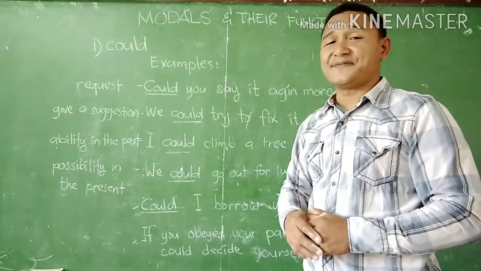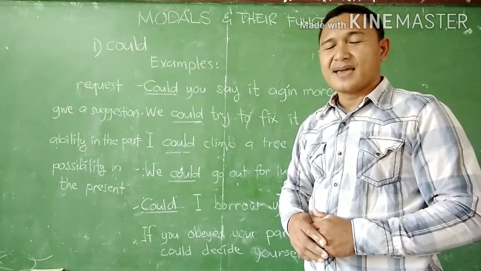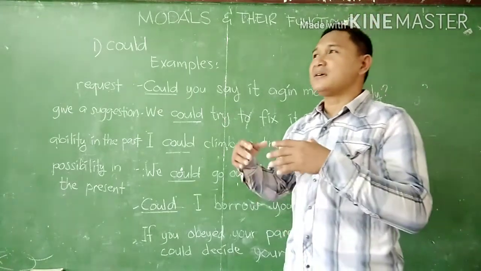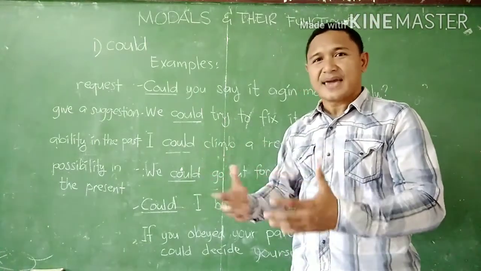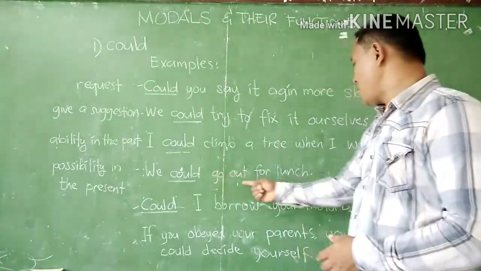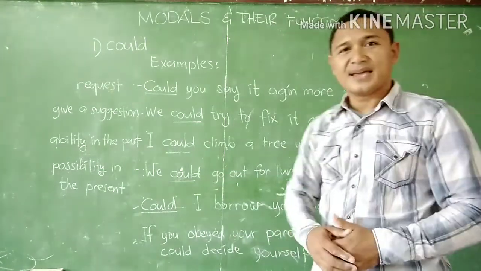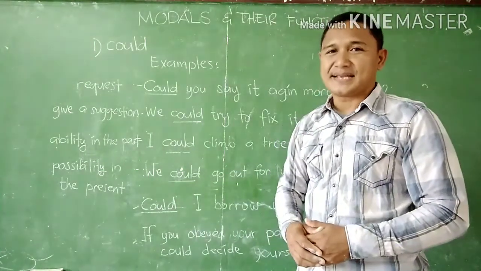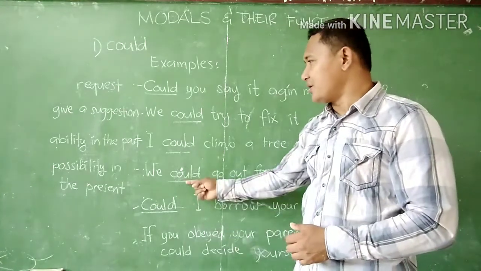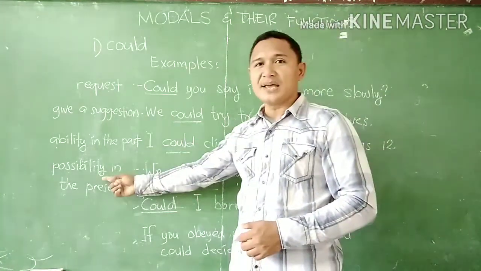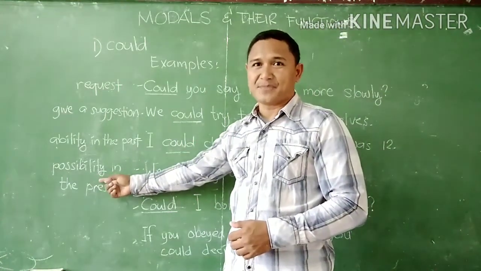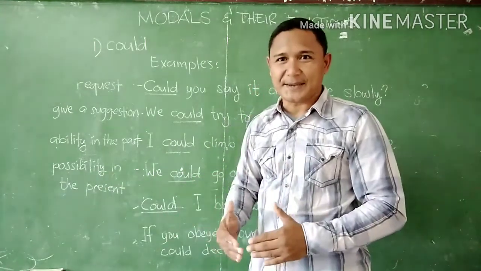The weather is fine. It is possible that we can use can. We can go out for lunch. It's fine. But it's better to use could because you're talking only about possibility, not ability.